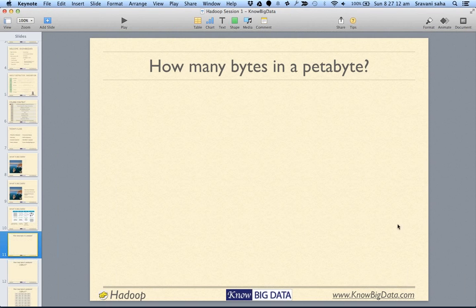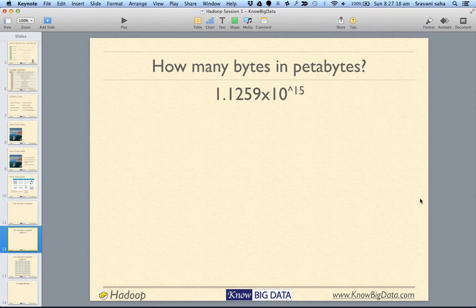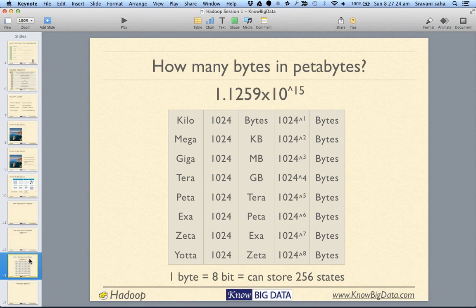Naresh says 10 to the power 15. Great, your answers are right. The answer is 10 to the power 15. And the better way to remember it is kilo, mega, giga, tera, and each one is 1024 times the previous one. So mega is 1024 times kilo, and so on.